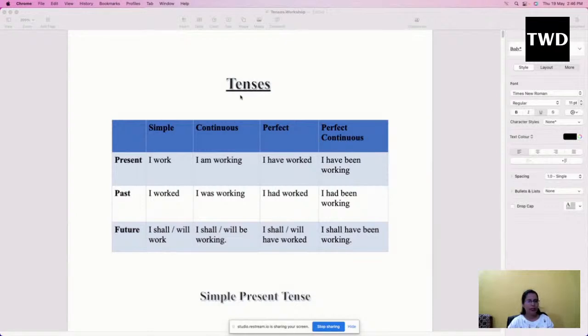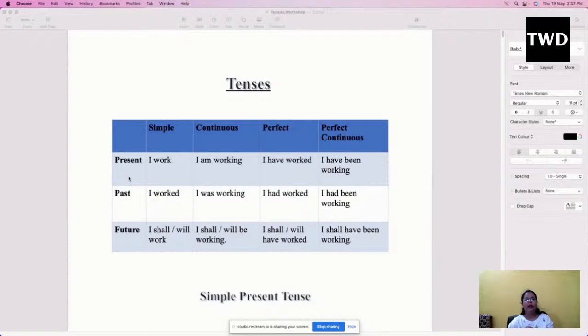Good afternoon, Animesh. And under this, all the three types of tenses can be further bifurcated into four more types of tenses. Say for example, under present tense, as you can see in the table, we have got simple present, present continuous, present perfect and present perfect continuous.